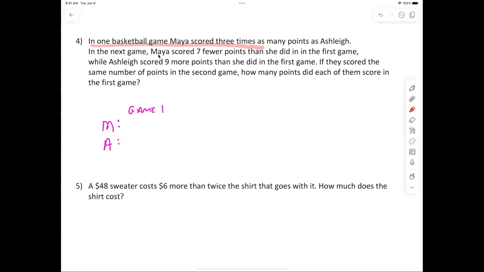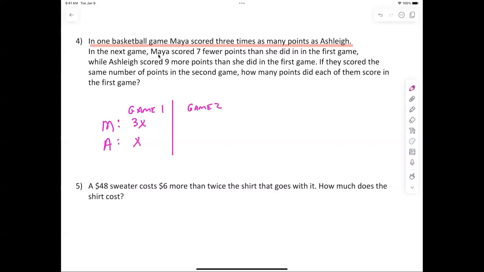Maya scored 3 times as many points as Ashley. Do we know how many Ashley scored? I have no idea, but there is a relationship between Maya and Ashley. So Ashley scored x, but Maya scored 3x.